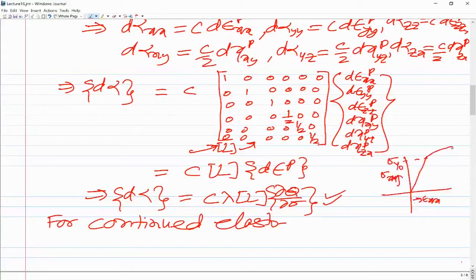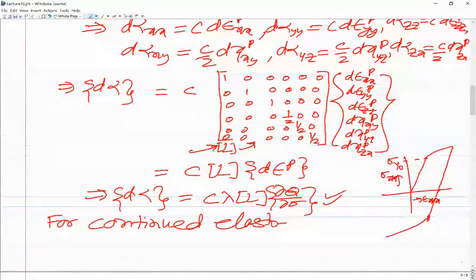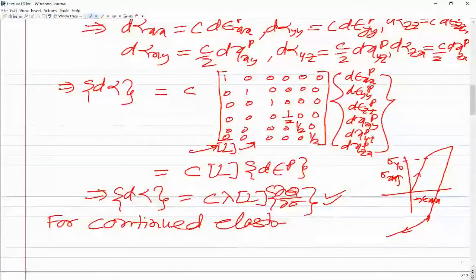When you unload this material and continue loading in compression, the yielding will start at a stress level which is smaller than sigma y naught. Let us say this is some point A. So this total is 2 sigma y naught in case of a kinematic hardening material. So this value is going to be less than sigma y naught.